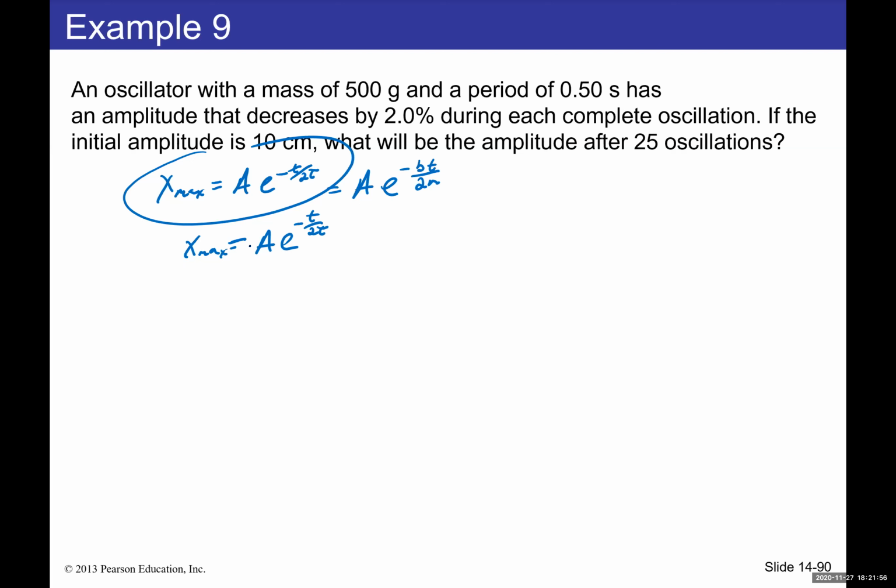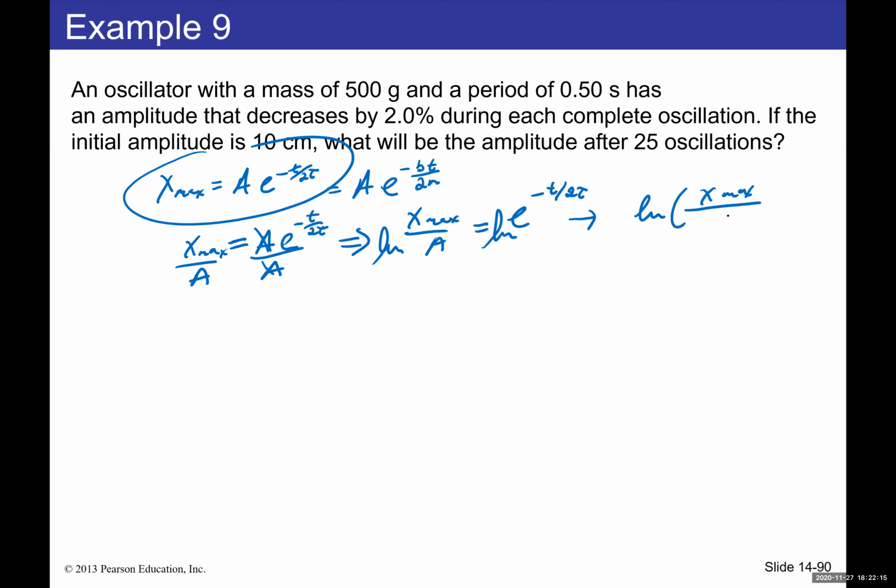Let's divide both sides by A. Then x max over A is equal to e to the negative t over 2 tau. Then we take the ln of both sides, so I get ln of x max over A, and on the right side, negative t over 2 tau.